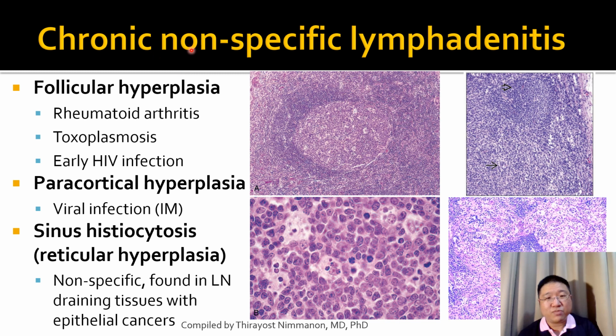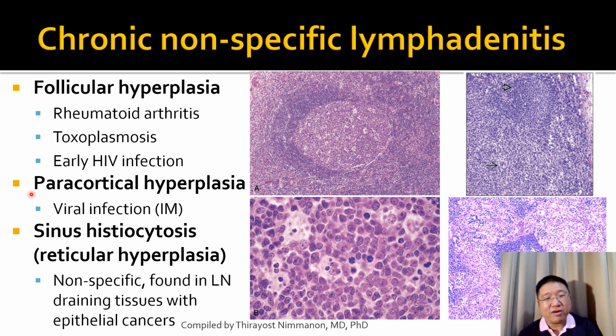So in chronic non-specific lymphadenitis, we have to distinguish the zone that is expanded. If we see that the follicular area or cortical area is markedly expanded, markedly enlarged, and the cells within the follicular areas are markedly proliferating, that is follicular hyperplasia, which can be observed in those with rheumatoid arthritis, toxoplasmosis, or early HIV infection.